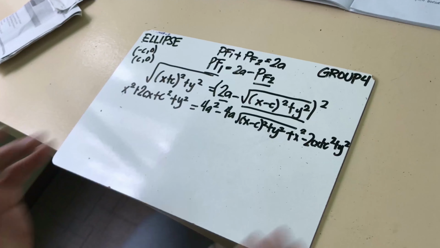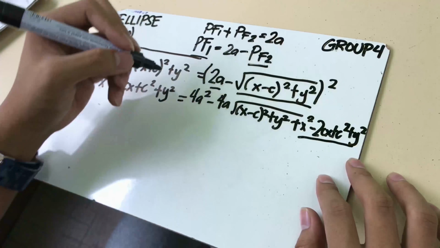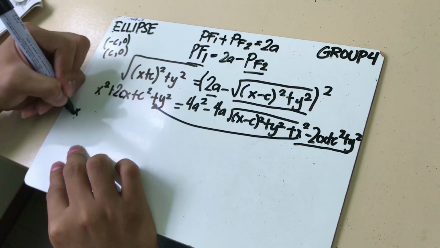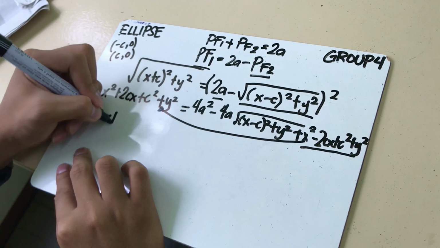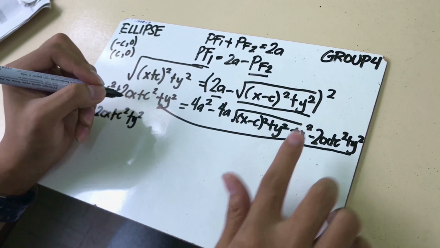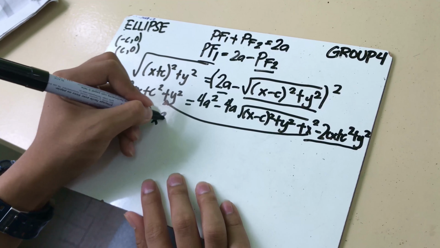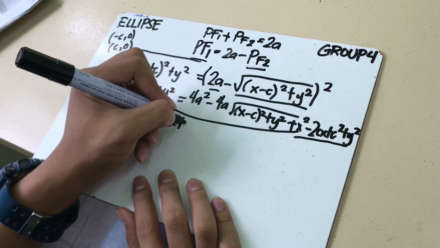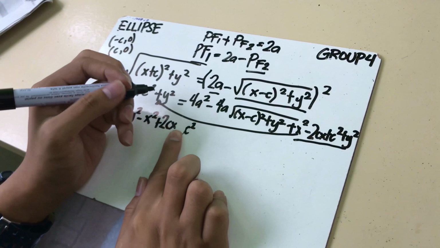Now, what we do next is transfer this part of your trinomial to the other side. So we have x squared plus 2cx plus c squared plus y squared. Now all signs there will change. That's minus x squared, oh no, that's minus, by the way. I'm sorry for the mistake.